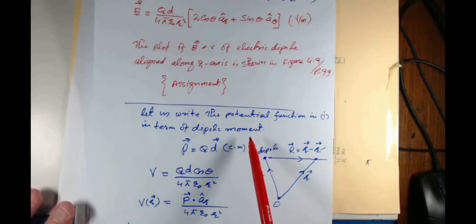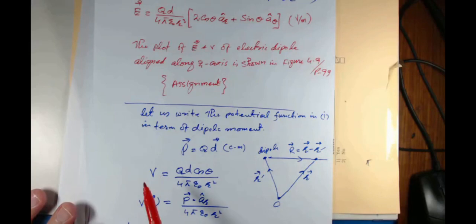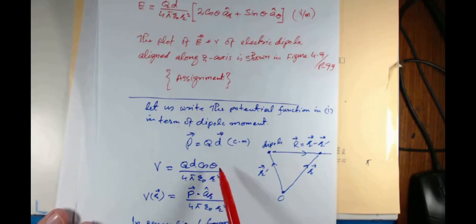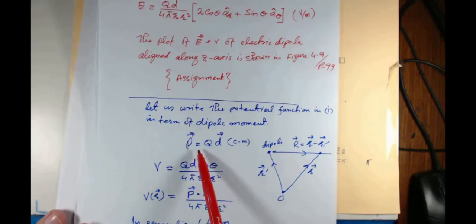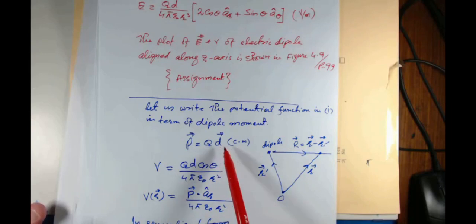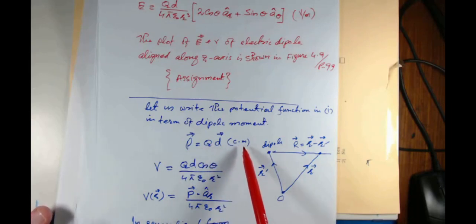We know that the dipole moment is q times d. The unit of dipole moment is Coulomb meter.